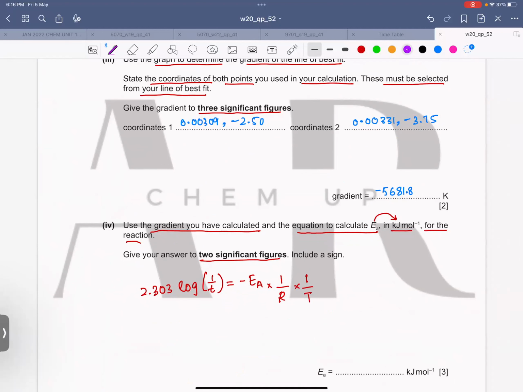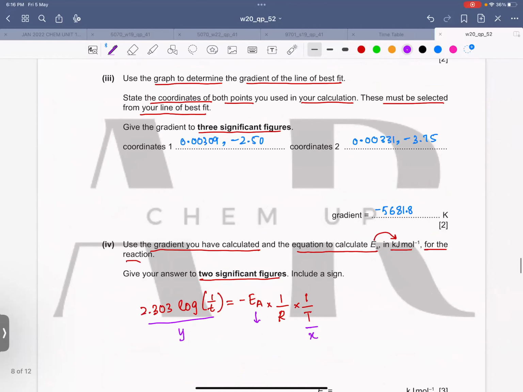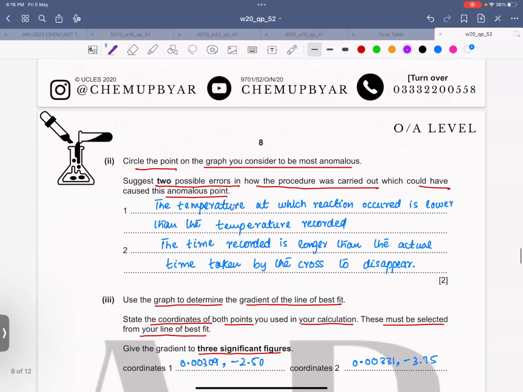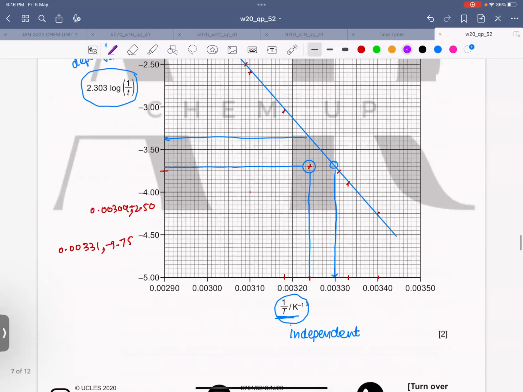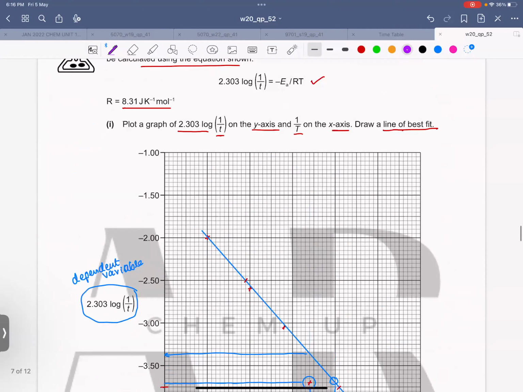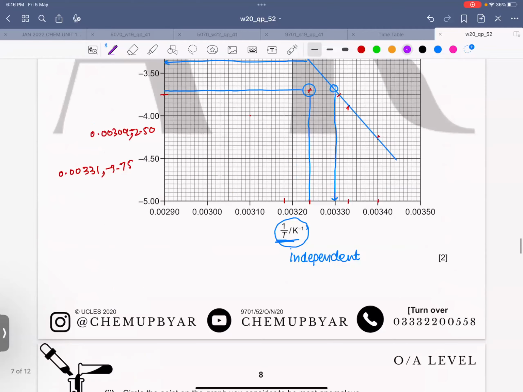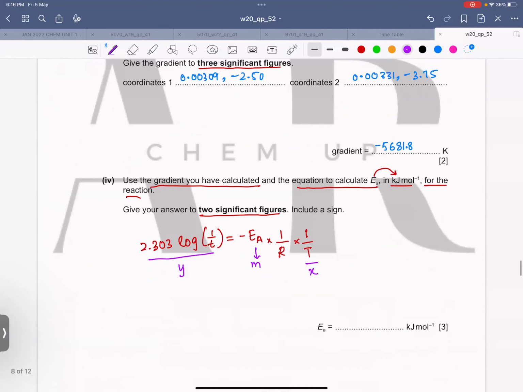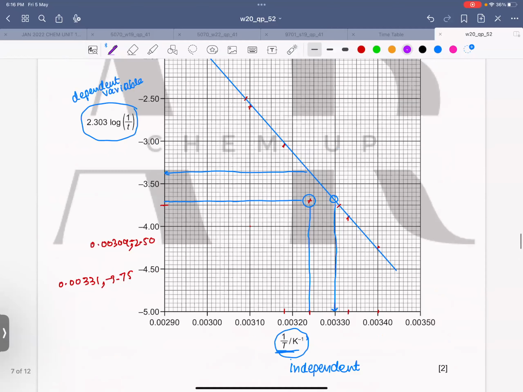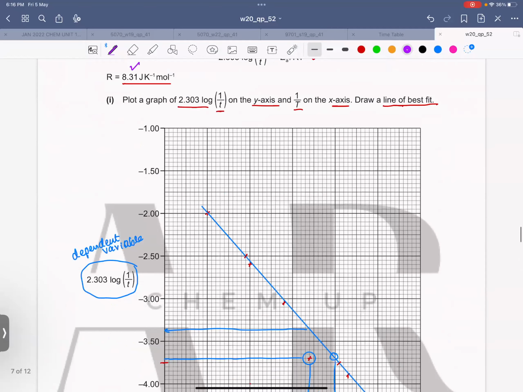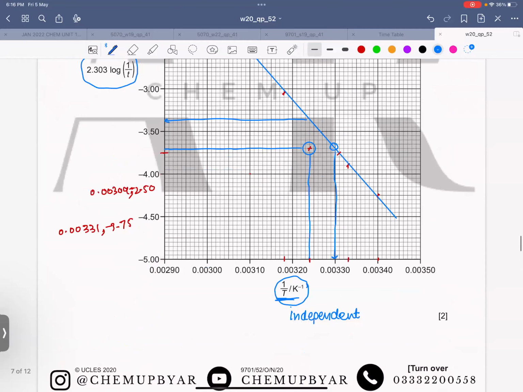So if you see, this is your y-axis, right? This is your x-axis. And this EA is actually going to be your gradient. And they have provided you the value of R over here, 8.31 kilojoules per Kelvin per mole. Okay.